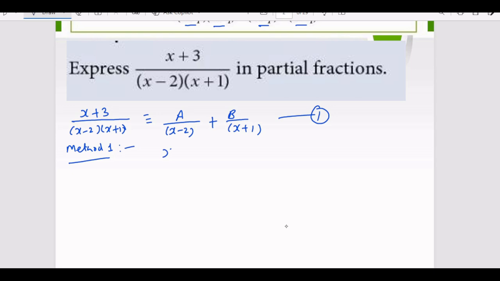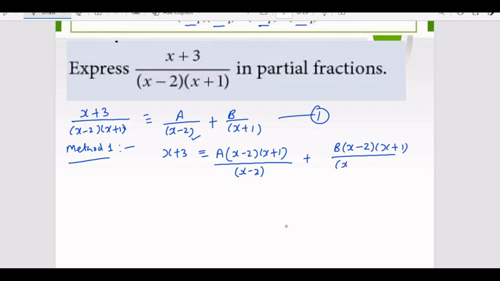When you cross multiply, you get x plus 3 equivalent to a times x minus 2 and x plus 1 over x minus 2, plus b times x minus 2 and x plus 1 over x plus 1. So this is cancelled and this one is cancelled here.